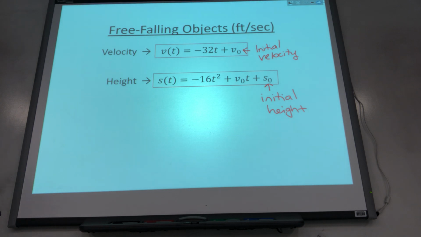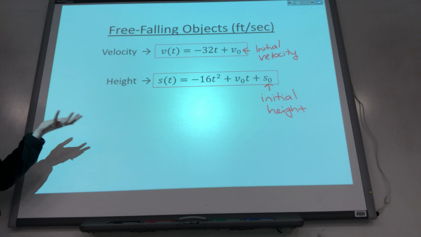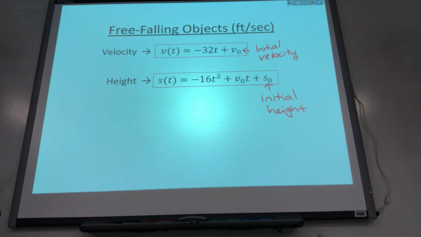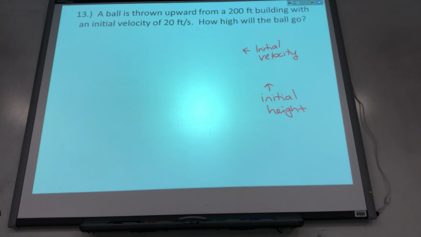So we'll have to take these problems and figure out what they've given us, figure out what we're trying to find, and then go from there. We'll just start by plugging in whatever we can. Only feet per second. So I'm going to put an example up here, and I'm only doing one example, but this might be an area that you want to go back and look at your notes a little bit more, because there were a couple other different types of problems.